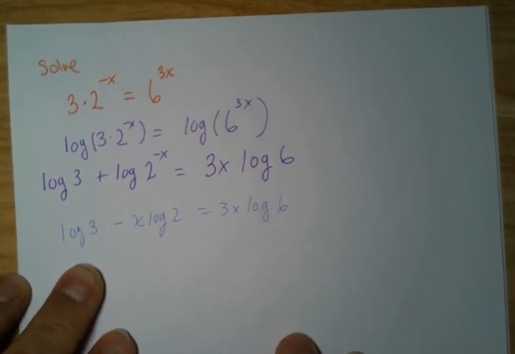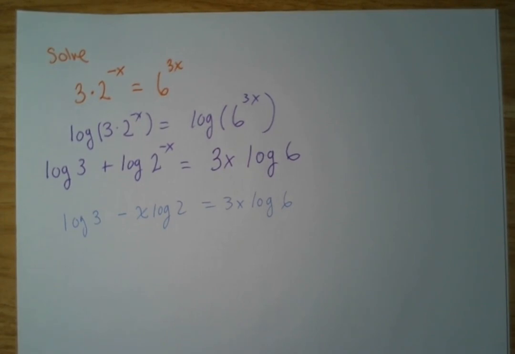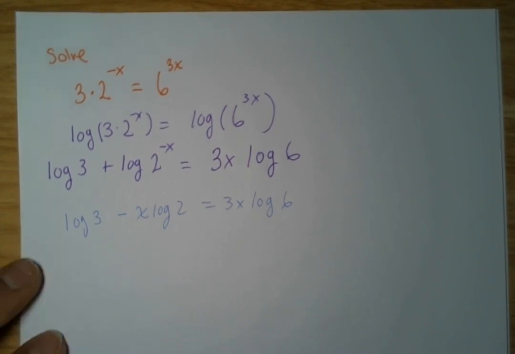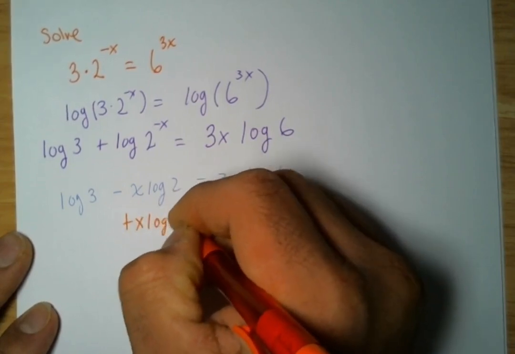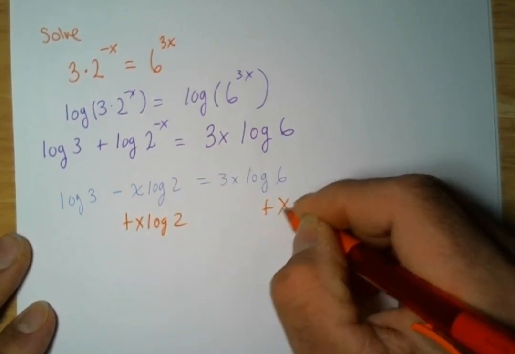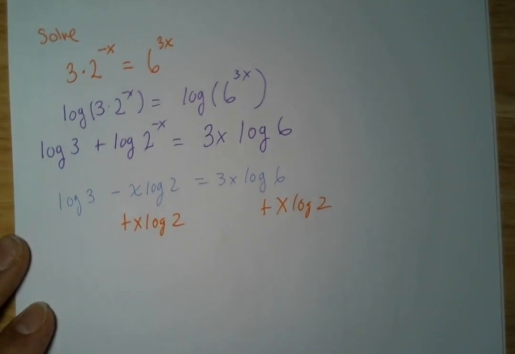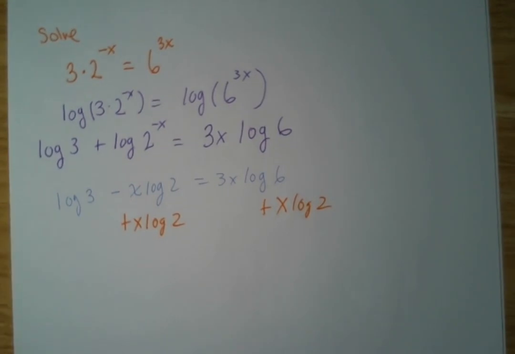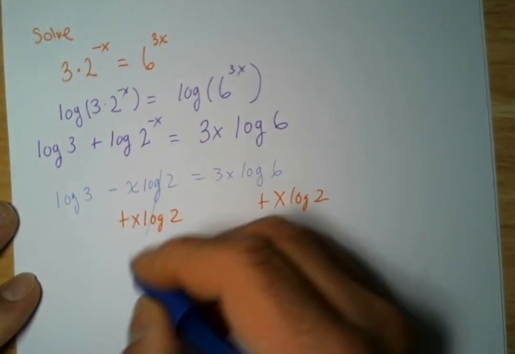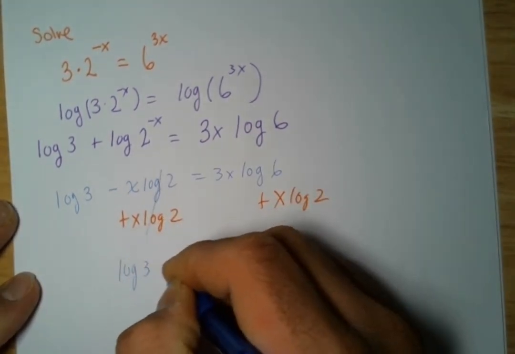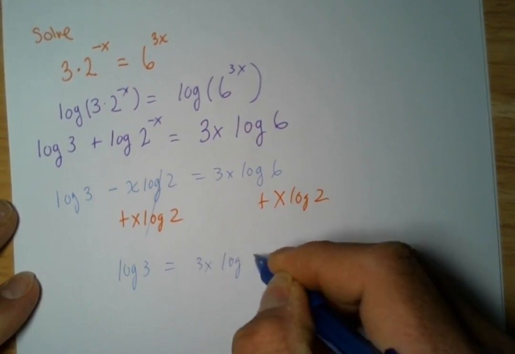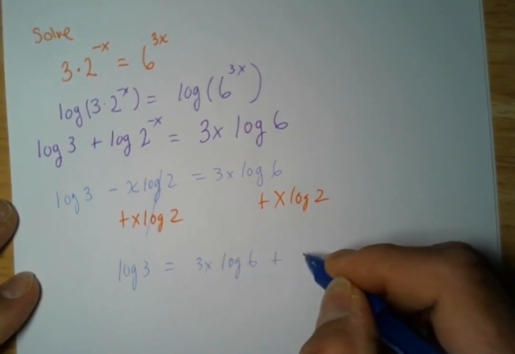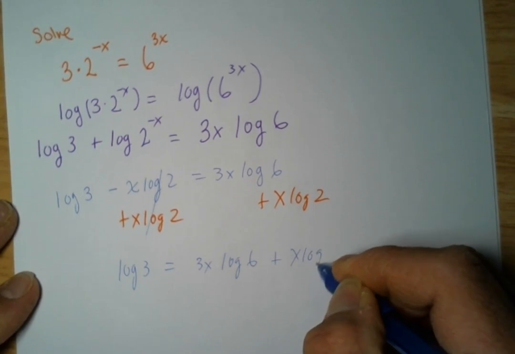I want to get my values of x all on one side of the equation. So to do that, I'm going to add x log 2 to both sides. Now this goes to 0, and we have log 3 here. And on this side, we'll have 3x log 6 plus x log 2.